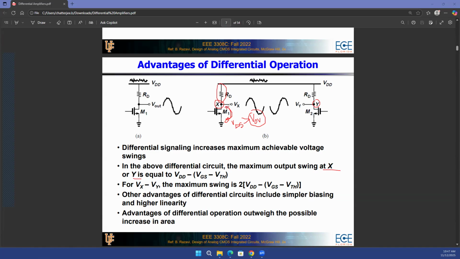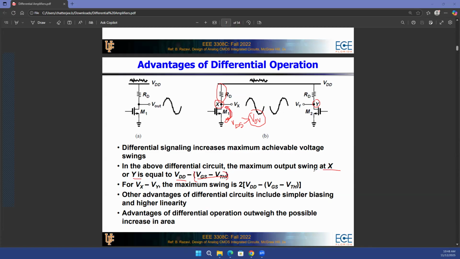So if the voltage across the transistor is V1, the voltage across the resistor can only be VDD minus V1. Right? So same thing we are saying, that if the voltage across the transistor is V overdrive, the maximum voltage across the resistor possible is going to be VDD minus V overdrive, which is VDD minus VGS plus VTH, or if you take the parenthesis, then it's basically VDD minus VGS minus VTH.